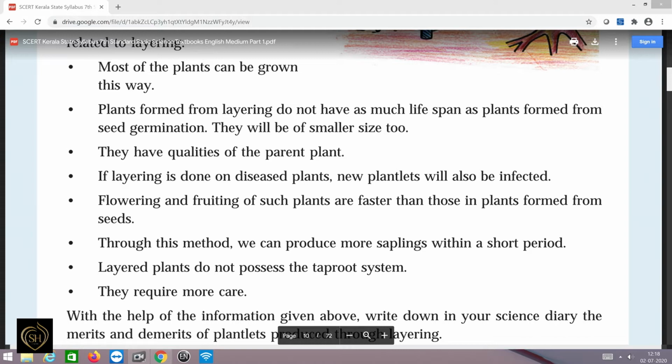The third merit is that flowering and fruiting of such plants are faster than those in plants formed from seeds.